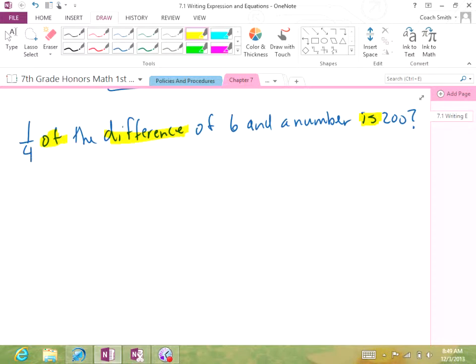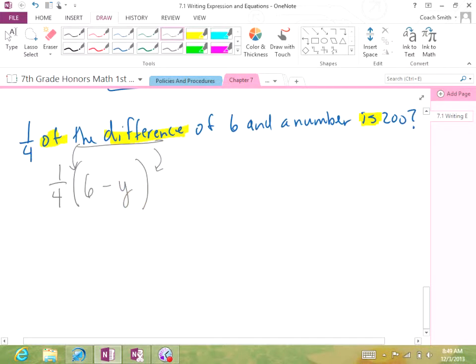So we're going to take 1/4 and multiply it by the difference. The word difference is this parentheses. Now, the word difference itself means to what mathematically? Subtract. So I'm going to subtract 6 and a number, which is y.